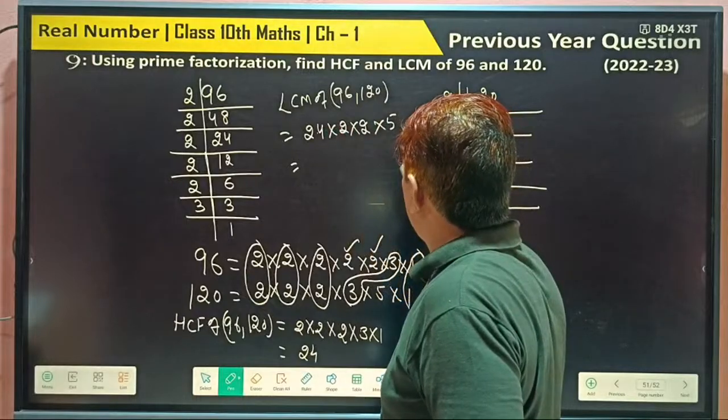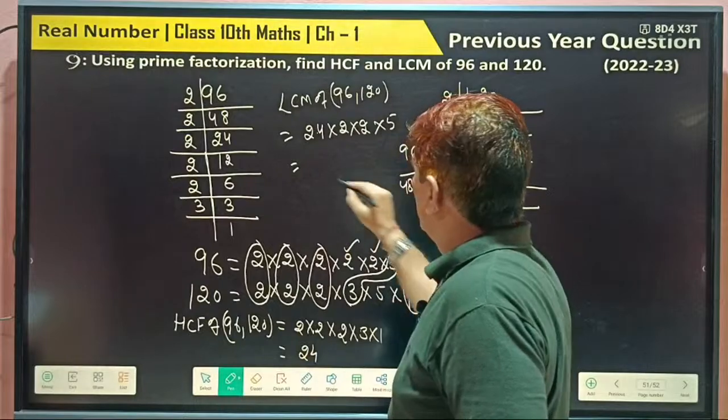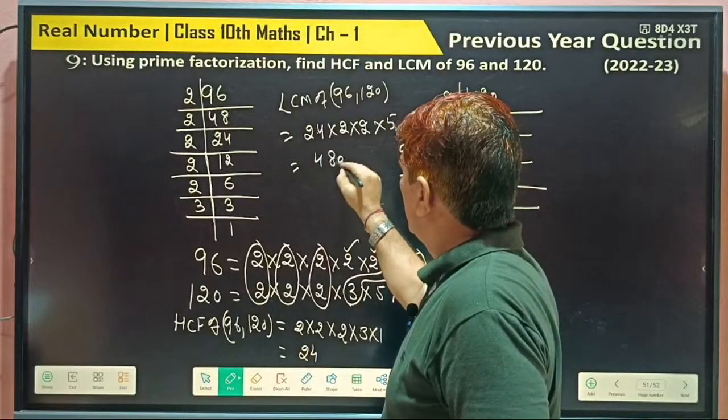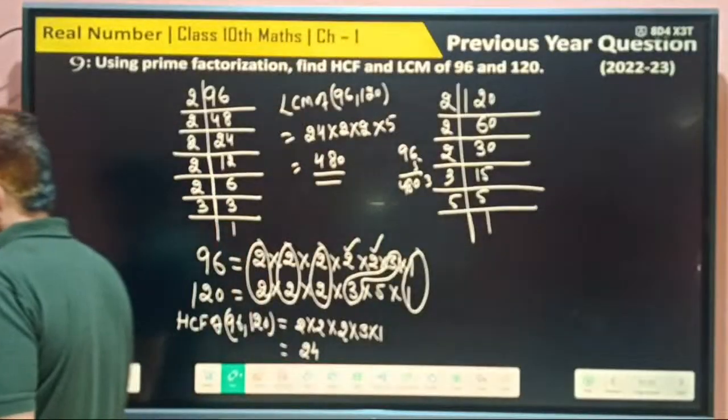So the LCM is 480, by using prime factorization.